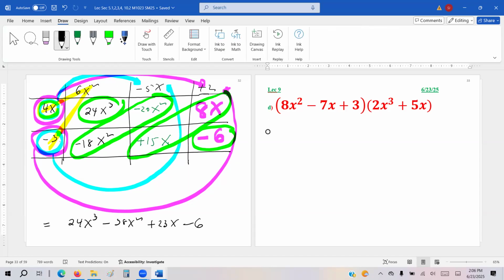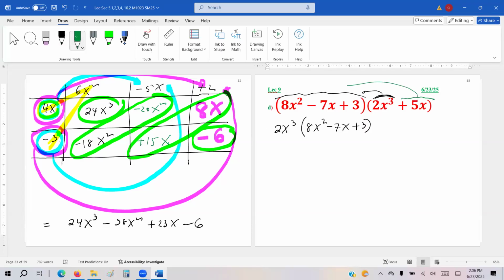Okay, so for distribution, I'm going to take one of these and multiply all three. This is 2x cubed multiplying 8x squared minus 7x plus 3. Then I'm going to take the next term and multiply all of this.